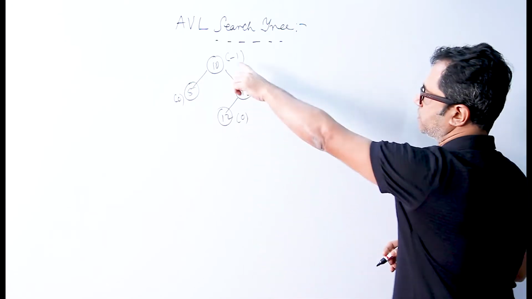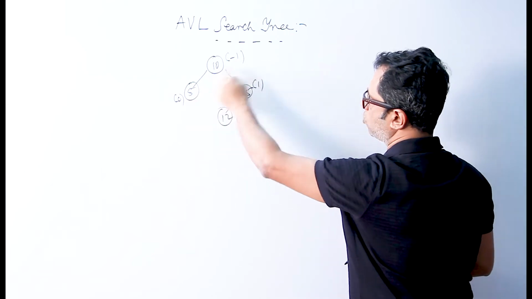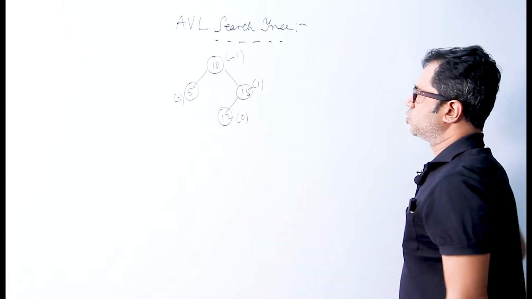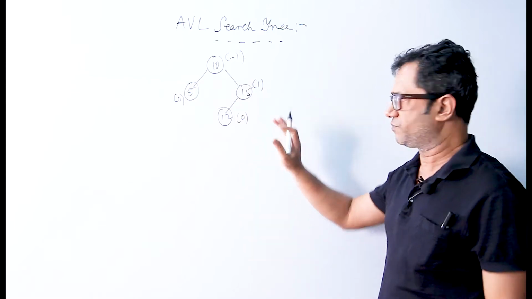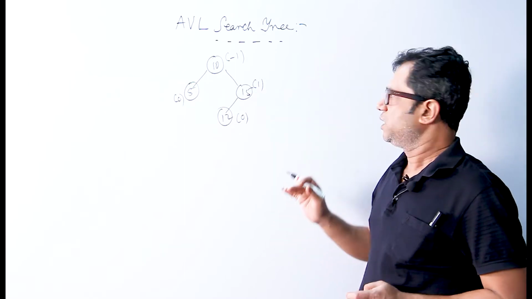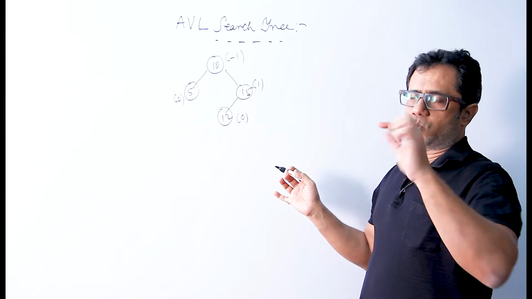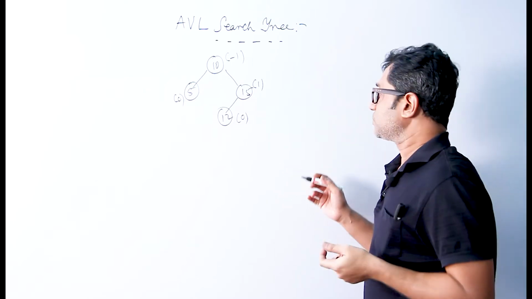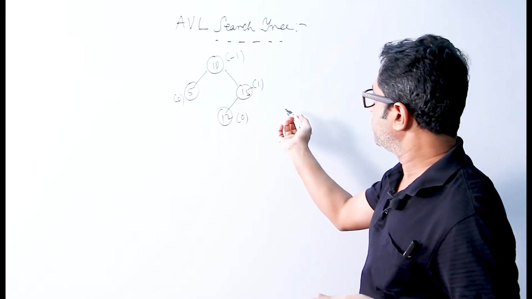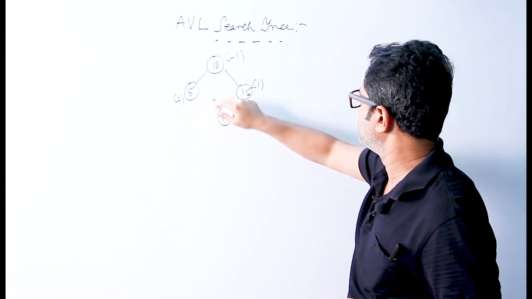So all the balance factors for all the nodes are either 0, -1 or 1. So this is definitely an AVL search tree. For this AVL search tree, suppose we perform an insertion operation, for example a node being inserted into the left subtree part of this tree.